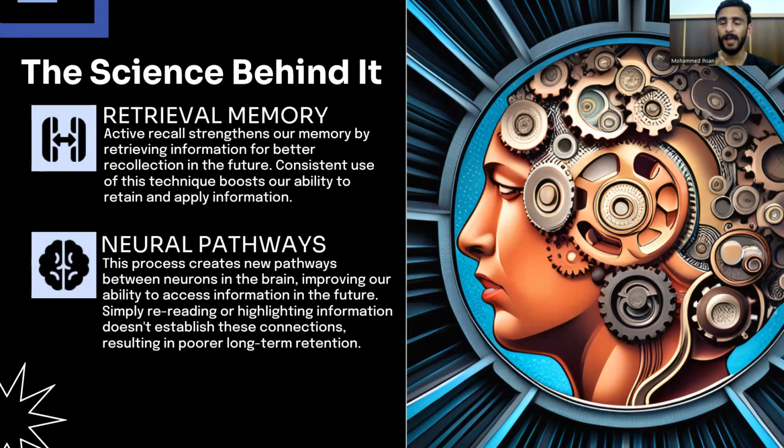Passive techniques such as rereading information, taking extensive notes, and highlighting the slides or the pages lack the engagement needed for these types of connections between neurons, resulting in very low retention of the information studied. And by embracing active recall, we can alter our brain physiology and how our brain works for better information retention and for better learning outcomes.